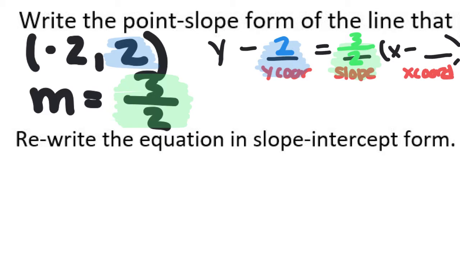And then in the last blank, I need the x coordinate, and the x coordinate of the point is -2, so I can fill in a -2.